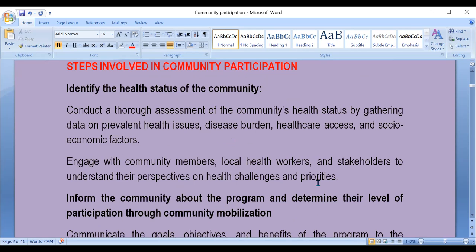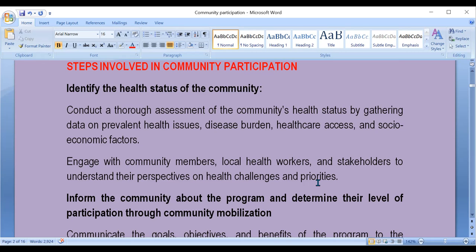So you have to conduct a thorough assessment of the community's health status by gathering data on prevalent health issues, disease burden, healthcare access, and socioeconomic factors. What type of disease do they suffer?